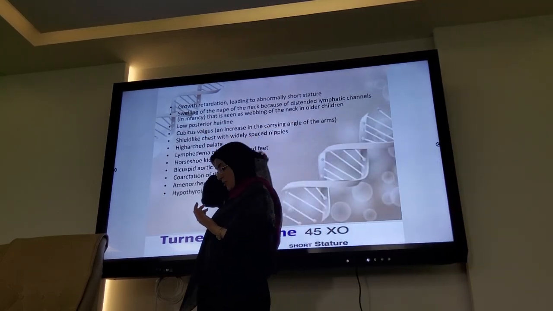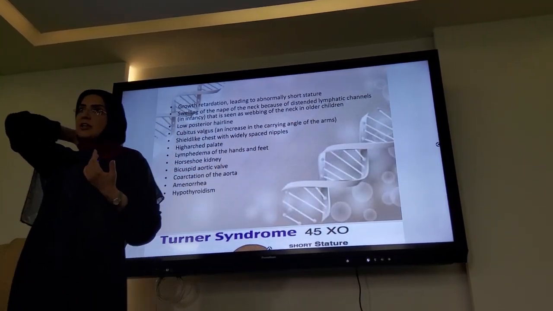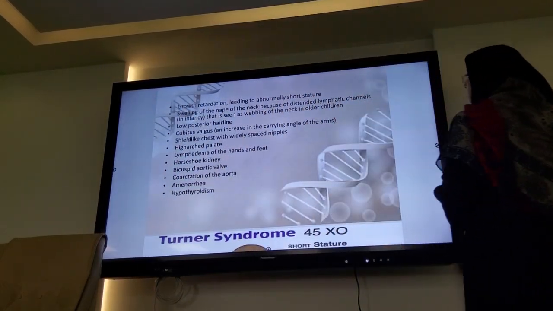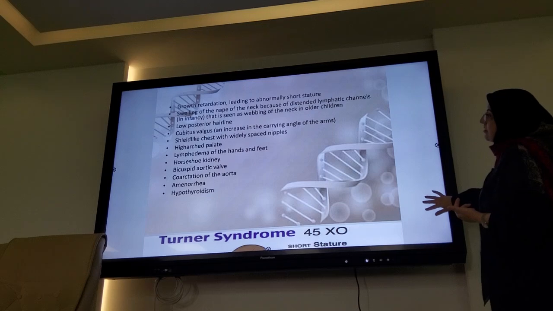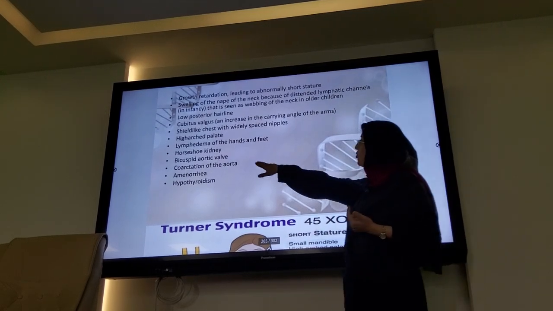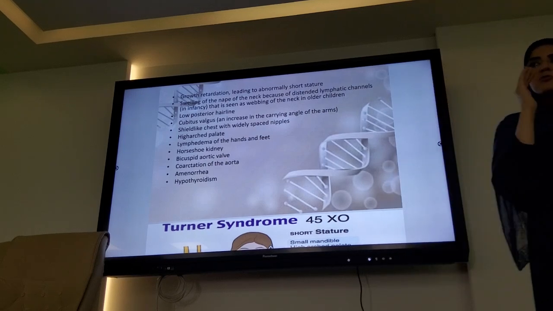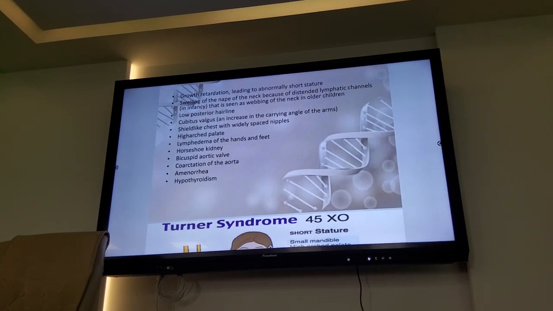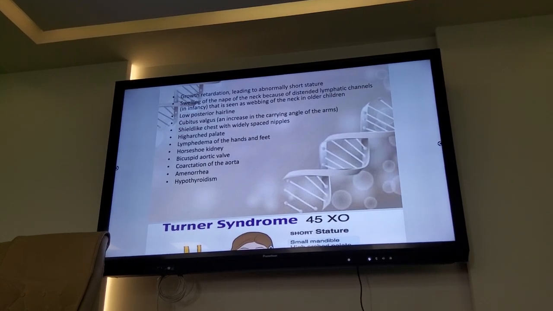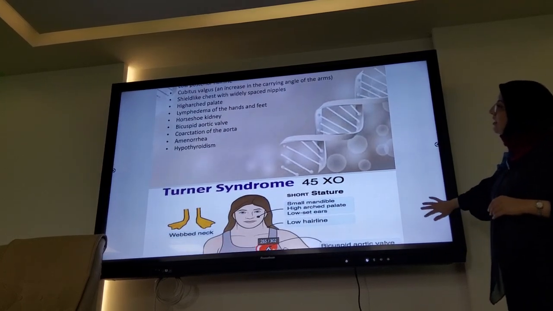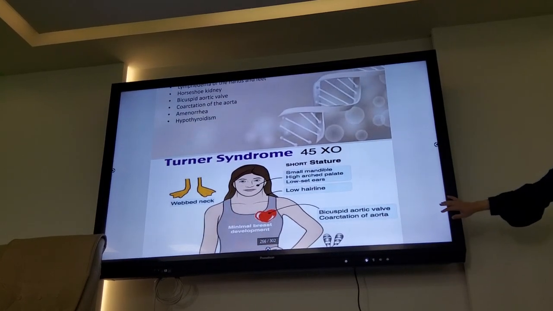When you look at the posterior hairline in Turner, it's a low posterior hairline. They have horseshoe kidney. You know what does horseshoe mean? At the upper pole, the two kidneys are connected. They have amenorrhea and hypothyroidism.